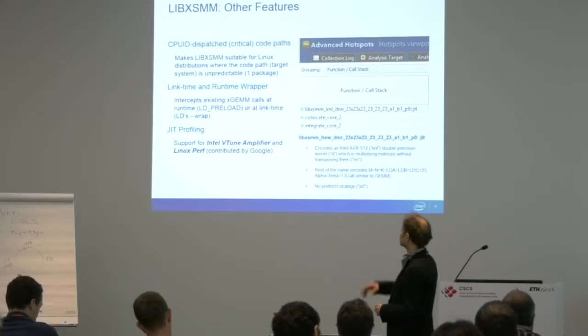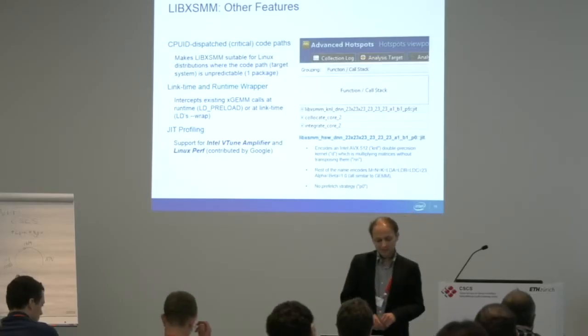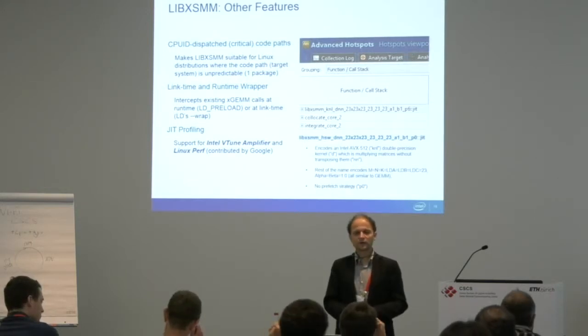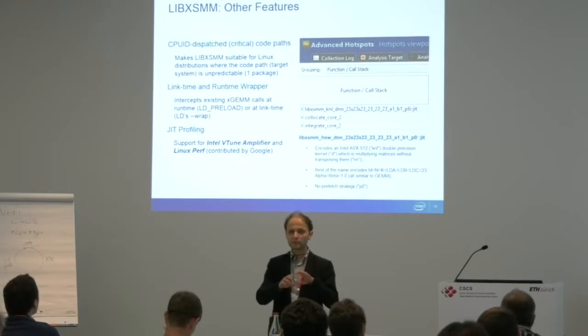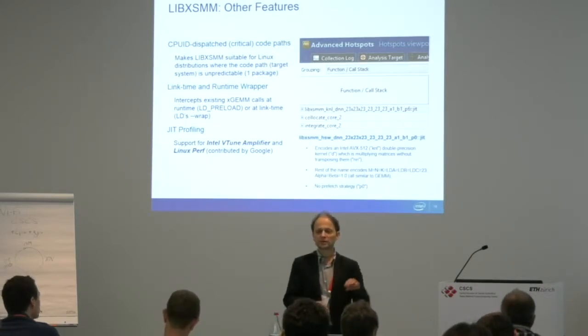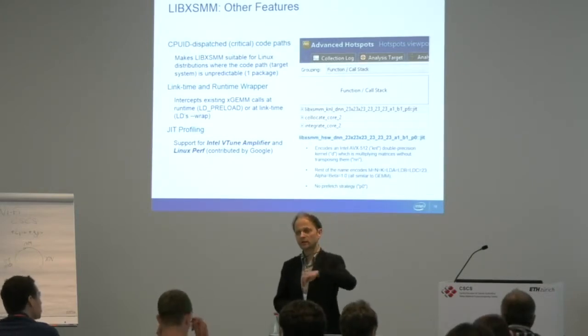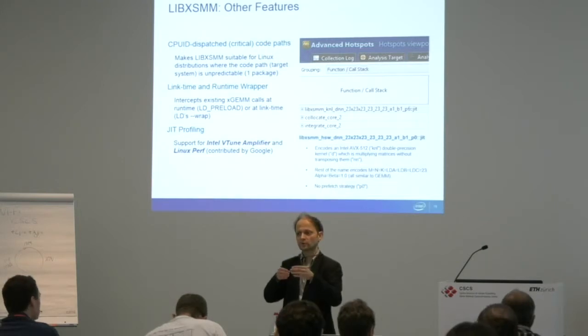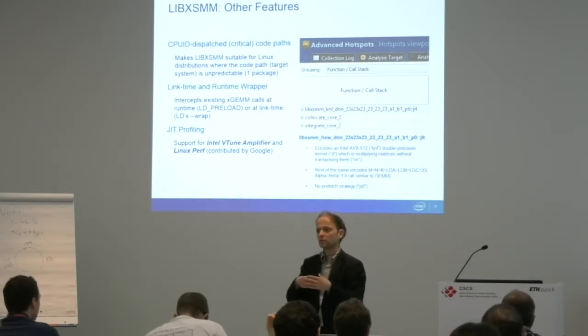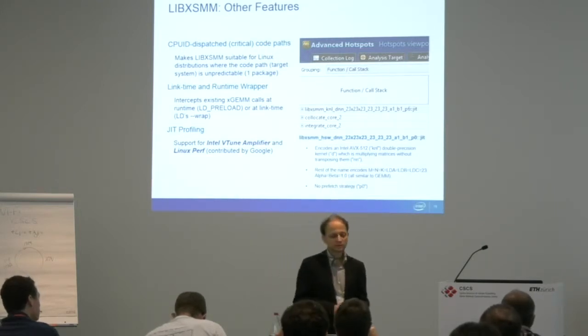So there was a real need to do CPUID dispatch. We have a link-time code wrapper for static and for shared library code, so we can really replace existing DGEMM calls so that all DGEMM calls go through this library. This library looks if the problem size is below the threshold, generates or fetches the code and calls our small special kernels.